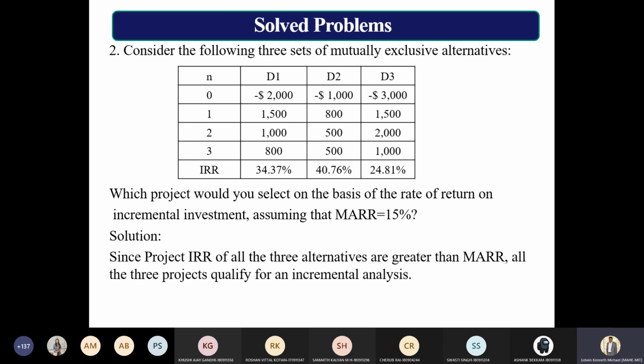The investment is minus 3,000, but the IRR is 14.72%. Will it be considered for the incremental analysis? Yes or no?